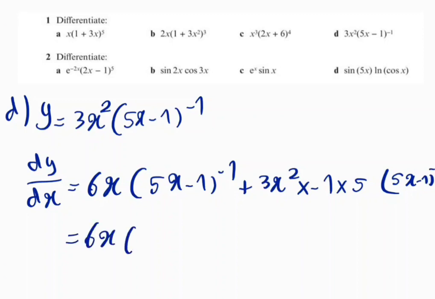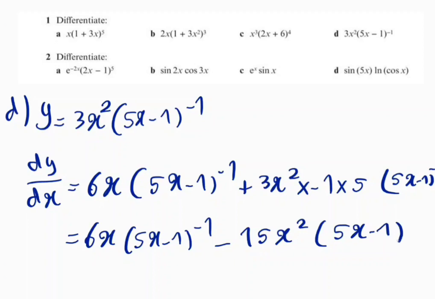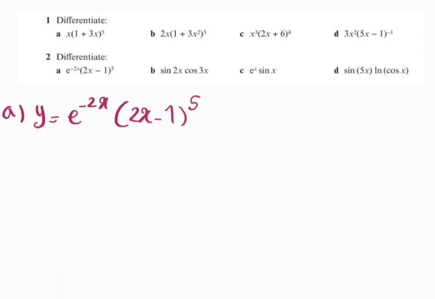So we have 6x times (5x minus 1) to the power of minus 1, minus 15x squared times (5x minus 1) to the power of minus 2.